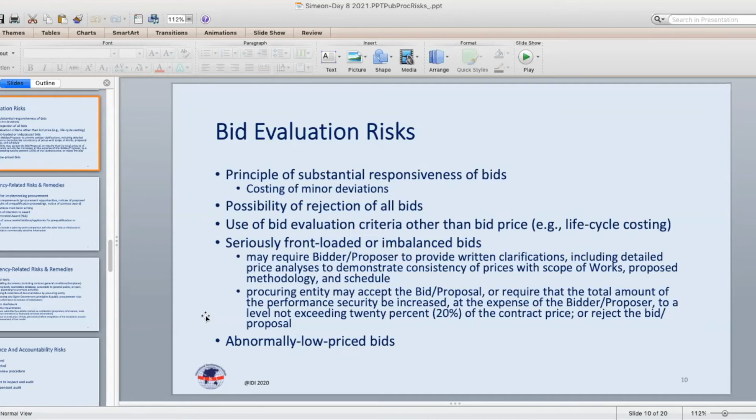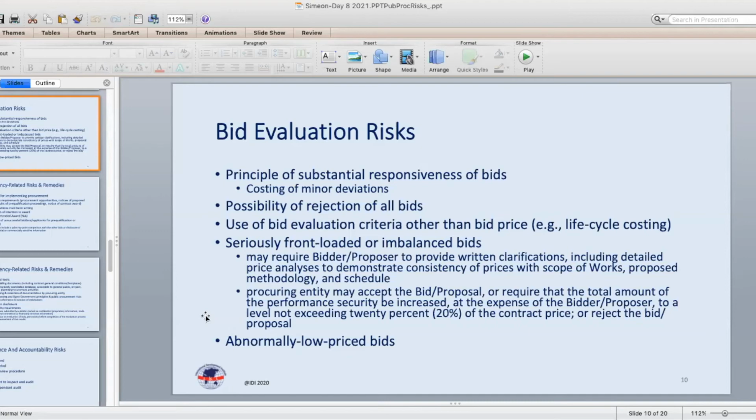Some minor ones can be ignored because they don't impact the fairness of the competition to other bidders, and they don't implicate additional costs for the procuring entity. Some do, but some don't. Those that implicate quality considerations, even though they're minor, and may implicate additional costs for the procuring entity, those impacts should be taken into account in the comparison and ranking of bids.